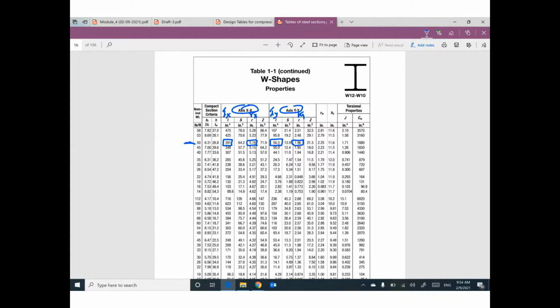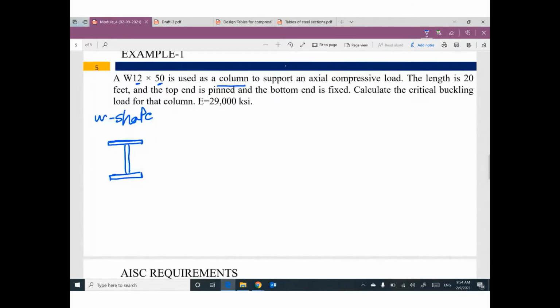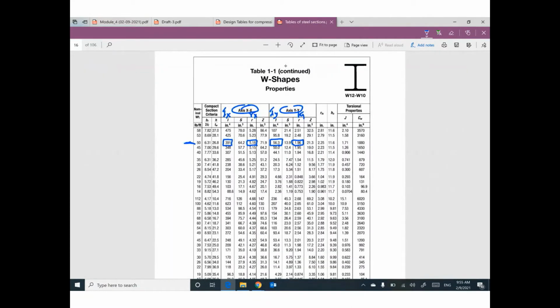So the final conclusion: Ix equals 391 inch to the power 4. Iy equals 56.3.